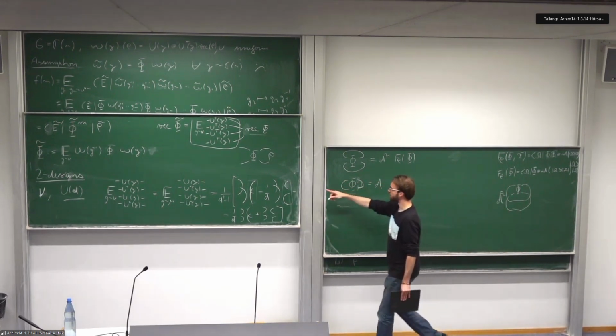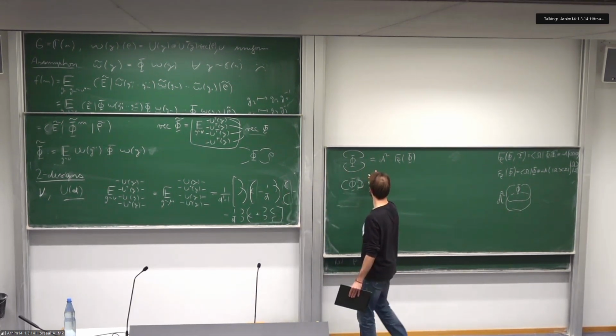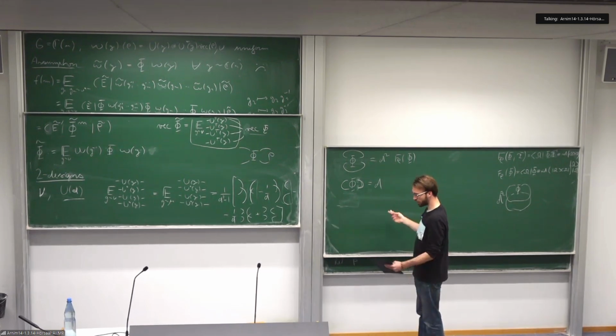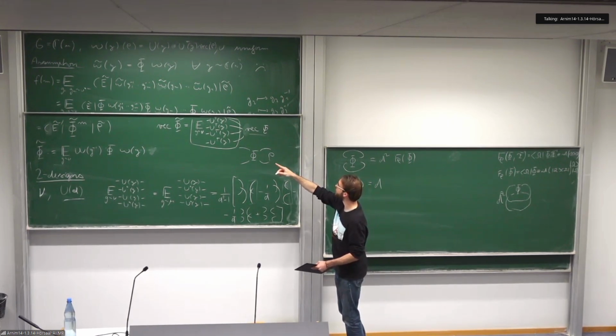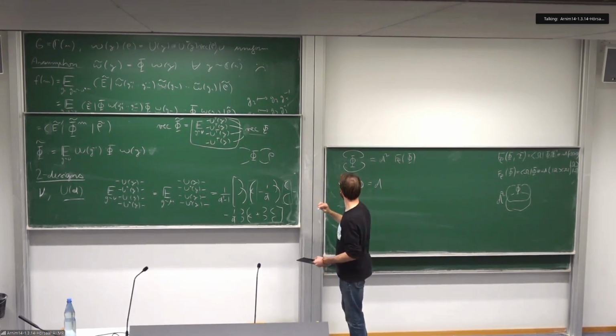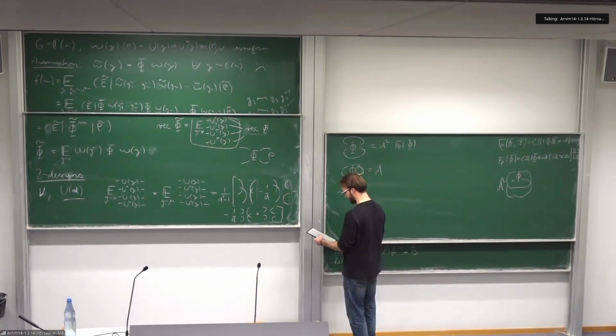We know what these two things applied to phi do, and we can write them down. And now I just take this and plug it into that, and what do I get?